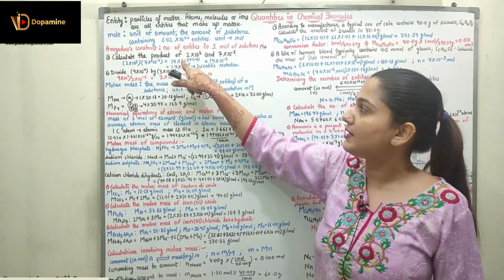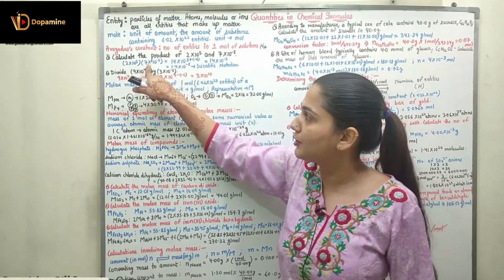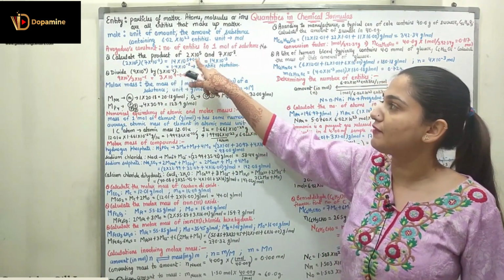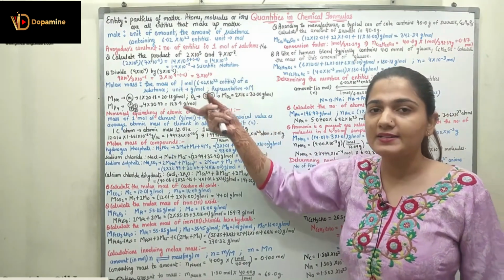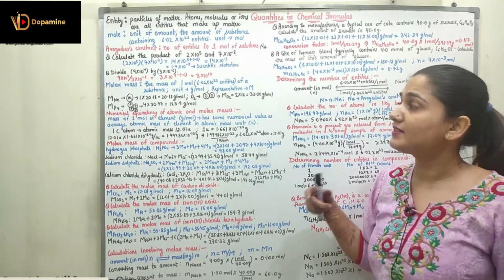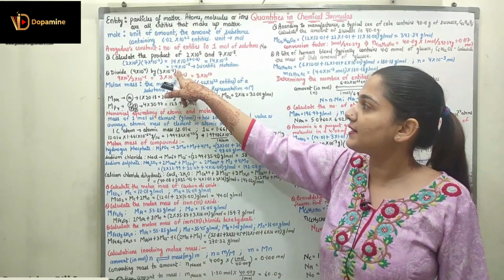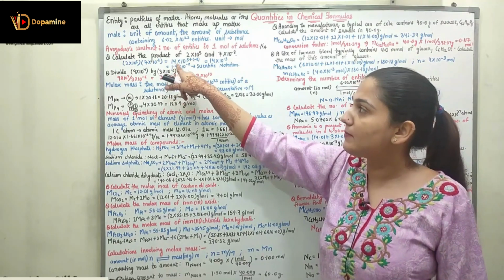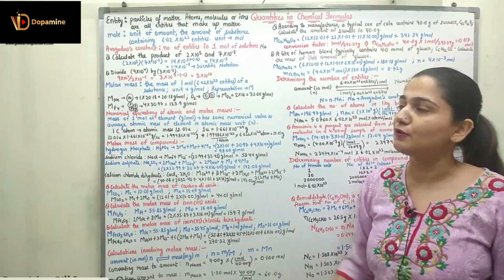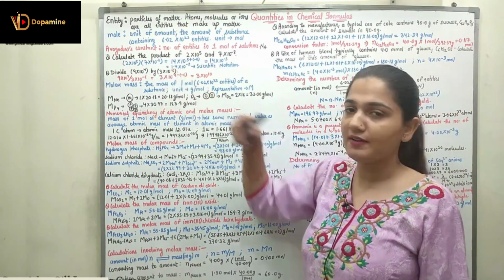So 14 × 10^(5 + (-8)). 5 minus 8 is minus 3. So 14 × 10^-3, which is not in scientific notation. In scientific notation, we have to represent it as 1.4 × 10^-2. In scientific notation, we take the decimal after the first digit.